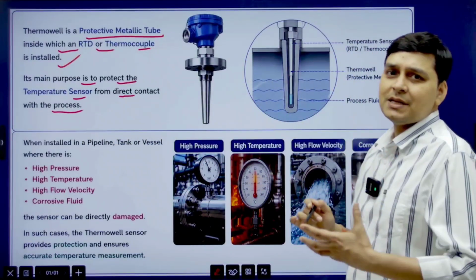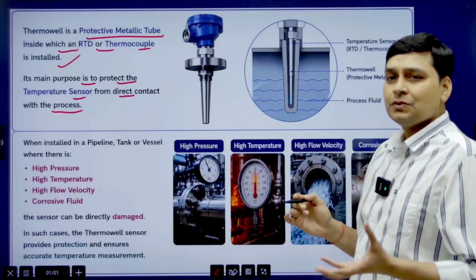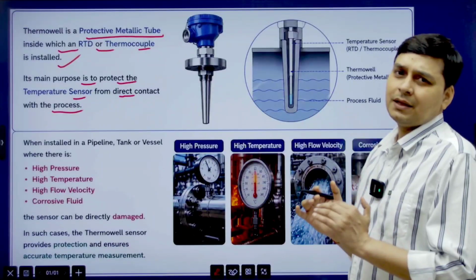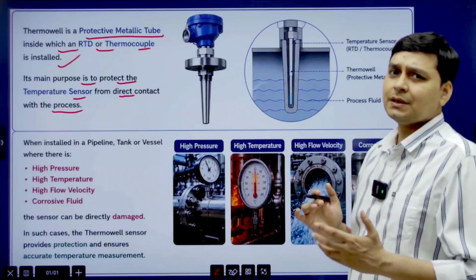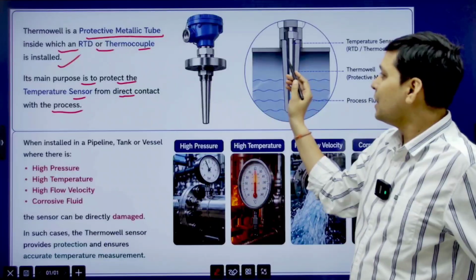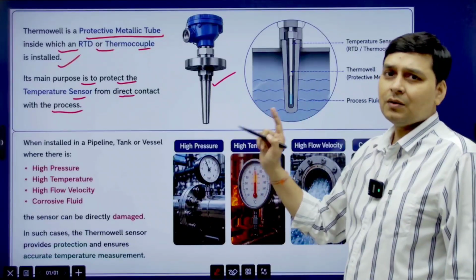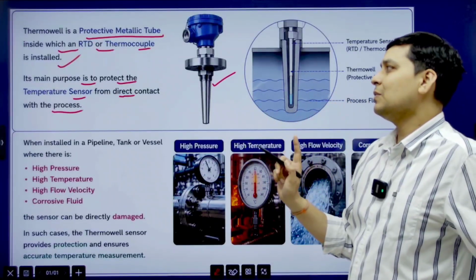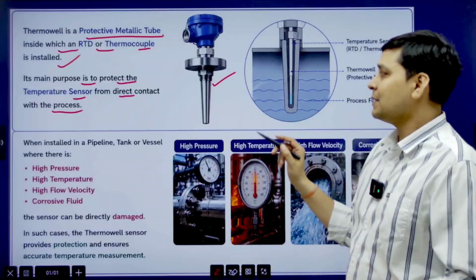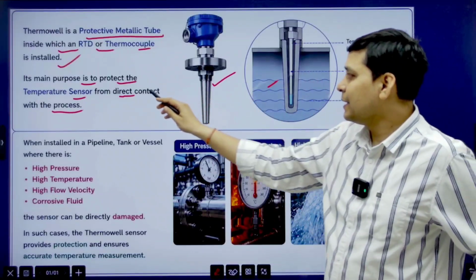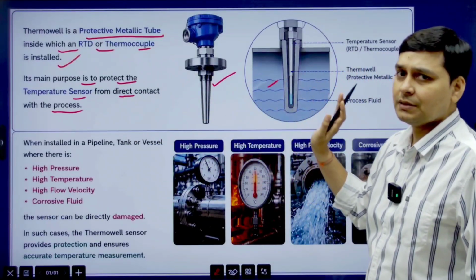Suppose we are measuring the temperature, so we will use RTD and thermocouple for measuring the temperature, and we will use a Thermowell with RTD or thermocouple, and this Thermowell will protect that temperature sensor from direct contact with the process.